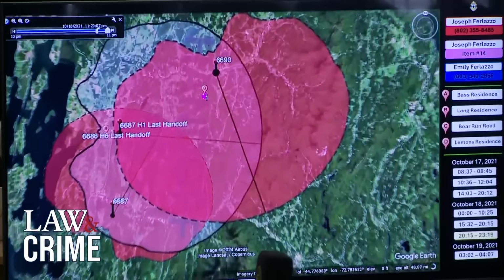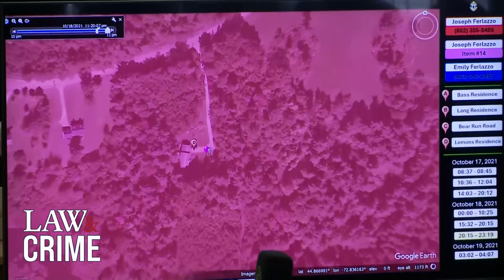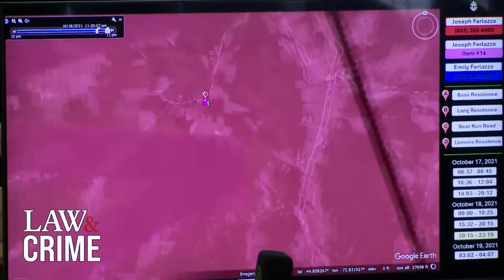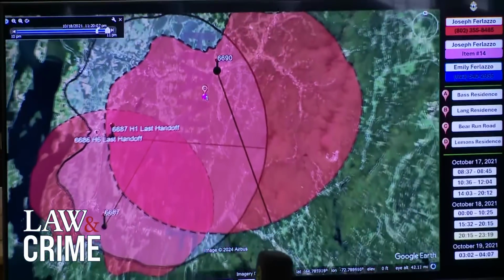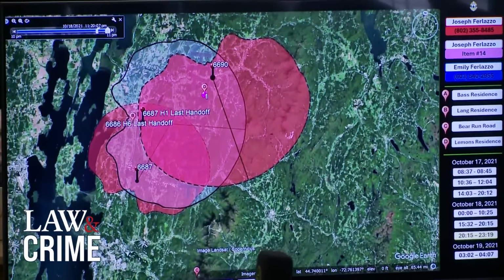This was at 2319, an item 14. This is again a parked car location, and this fell within proximity of the Lemons residence. That's the icon D there, showing that was consistent with that change in cell site information that I had seen.